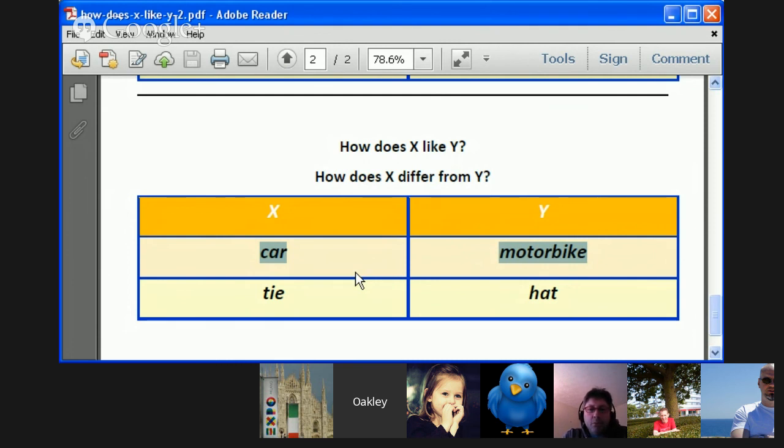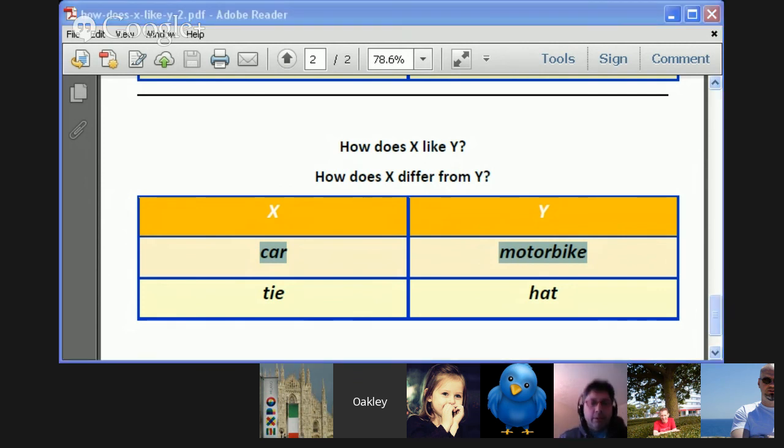Car and motorbike are similar because both are transported vehicles. Also, both vehicles use gas.